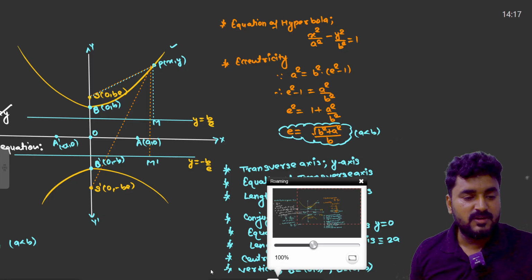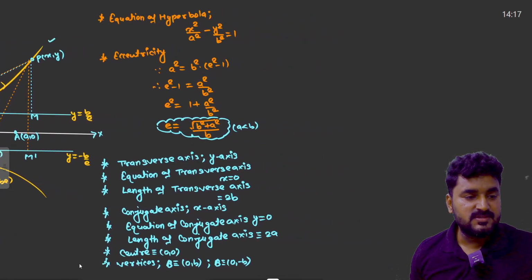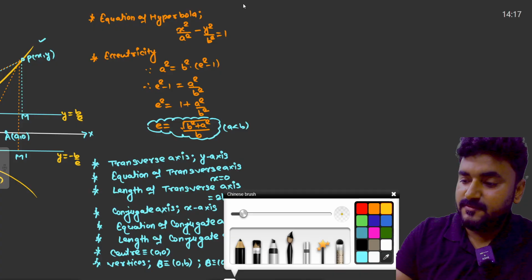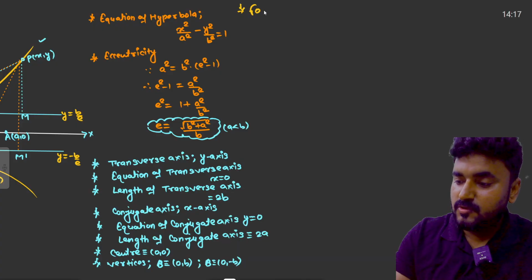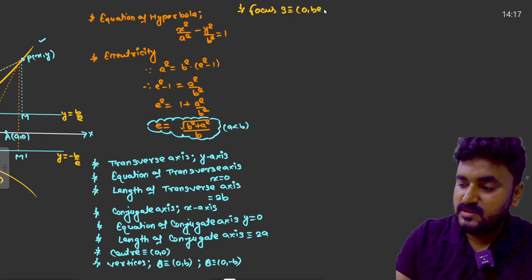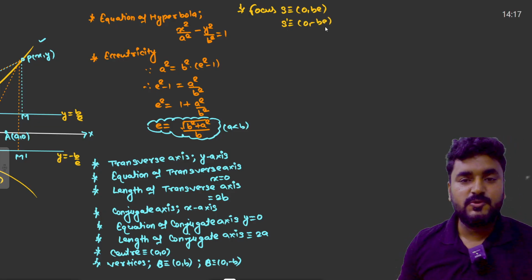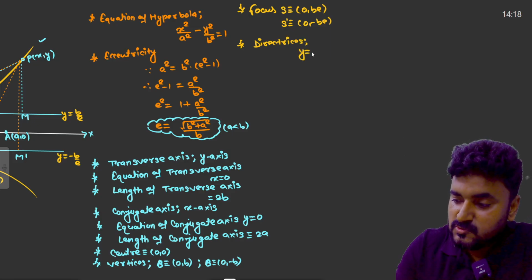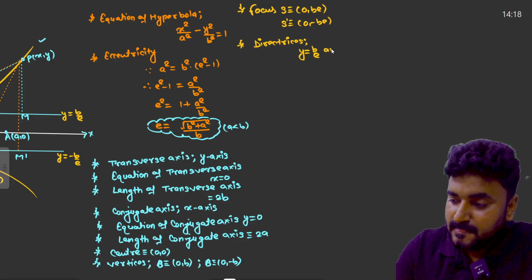So the focus is S at 0 comma be and S dash at 0 comma minus be. This is your required focus. After focus, I will find the directrices: y equals b by e and y equals minus b by e.